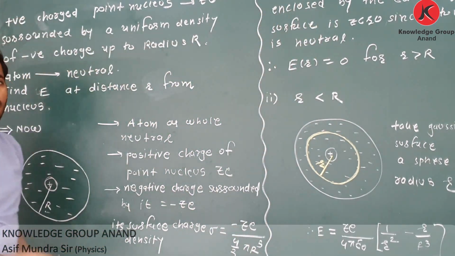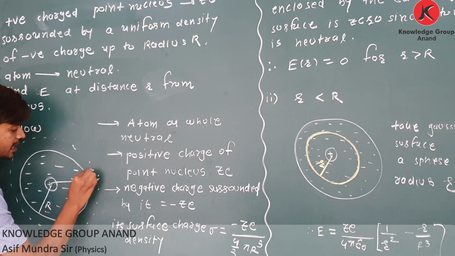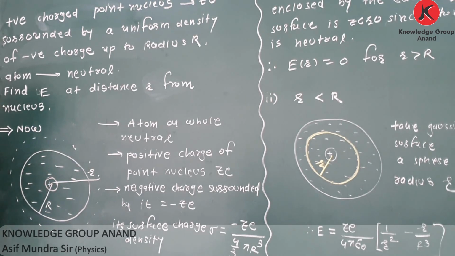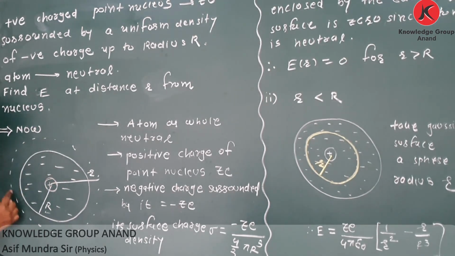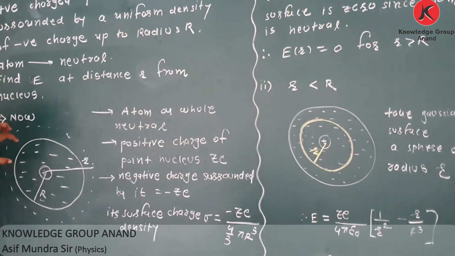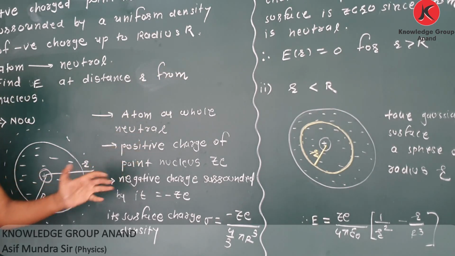We know how to apply Gauss law. You have to consider one Gaussian surface at distance r greater than R. From the figure it is clear that the charge enclosed by this Gaussian surface is the total charge on the atom, and the atom as a whole is neutral.